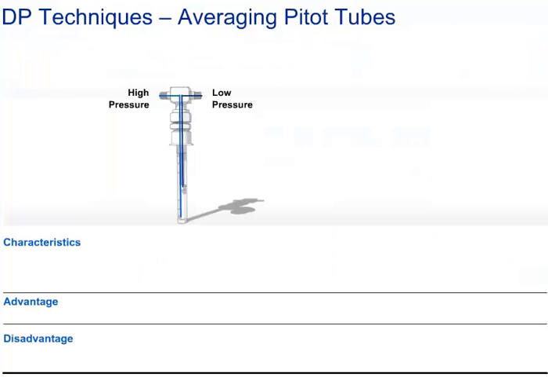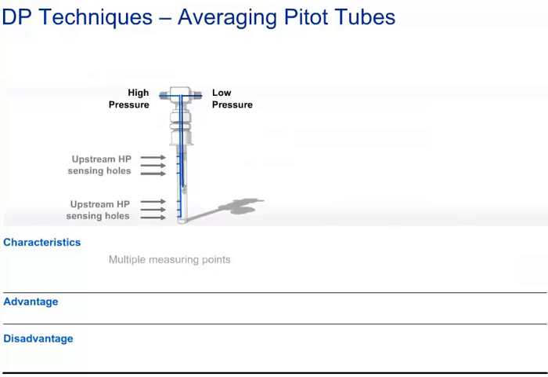We have seen that single-point Pitot tubes require traversing to find the location of the point of mean velocity. Averaging Pitot tubes have multiple upstream holes to measure the flow at several points across the pipe diameter. The impact pressures across the pipe are combined to give an average upstream pressure, which relates to the average flow velocity, in other words, the true flow rate.